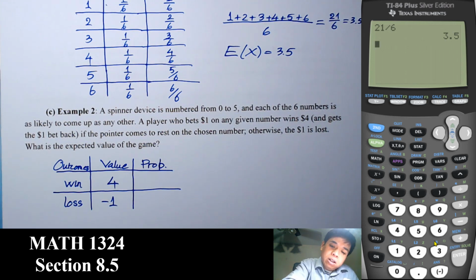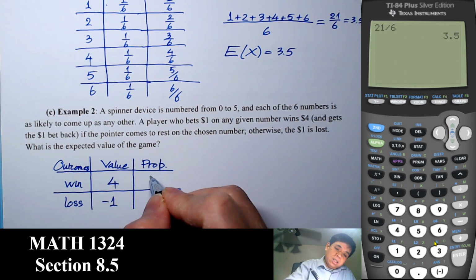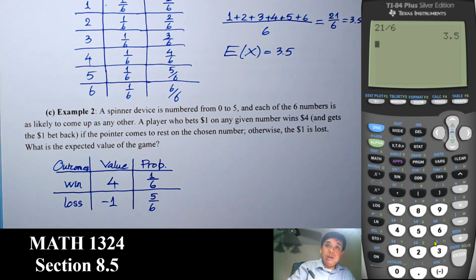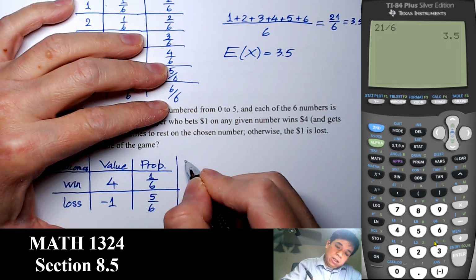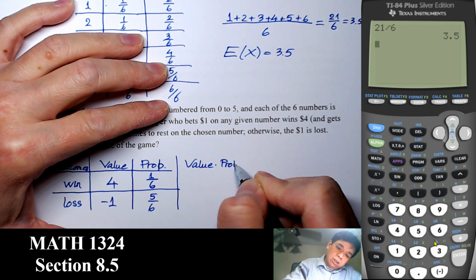And then the probability of that. If you bet $1 and the spinner comes to rest at the chosen number, there are only 6 numbers, so you only have a 1 out of 6 chance to win and a 5 out of 6 chance to lose. Now multiply across: take the values times the probability.